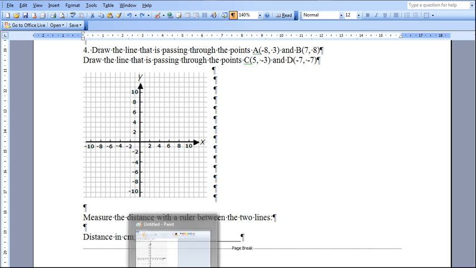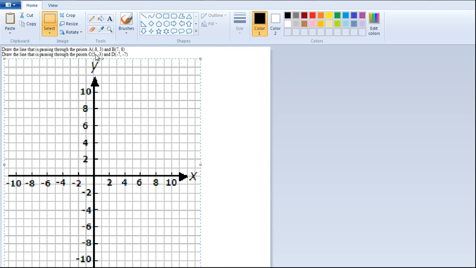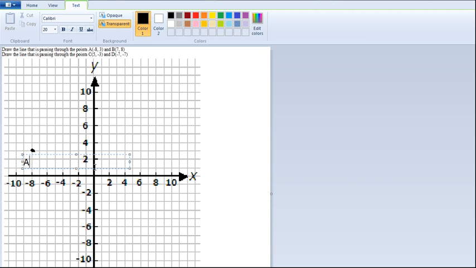So we have to draw this line. First we have to draw the point A, minus 8, 3. Oops. Minus 8, 3. And let's write A minus 8, 3.